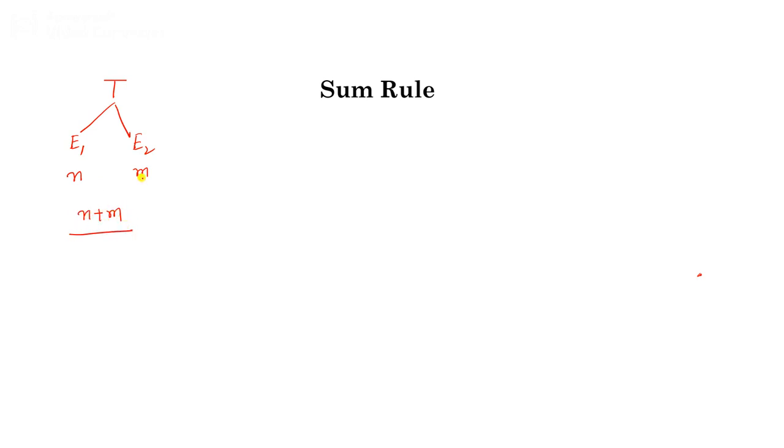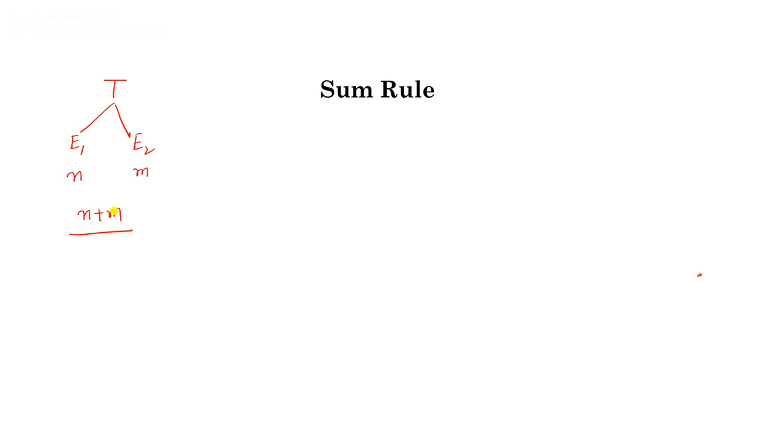So this is the sum rule. If one event can occur in n ways, another event can occur in m ways, and these two events cannot occur simultaneously, then the number of ways in which E1 or E2 can occur is given by n plus m.